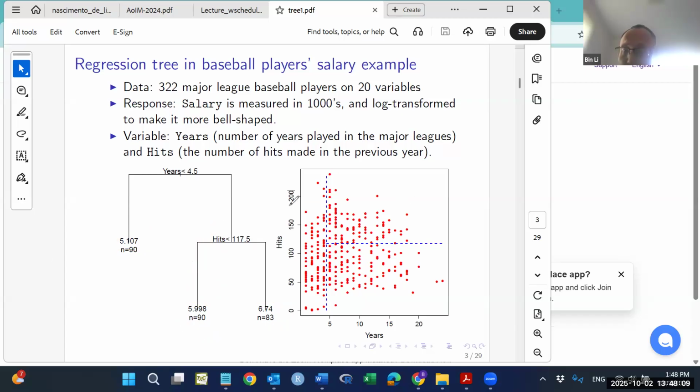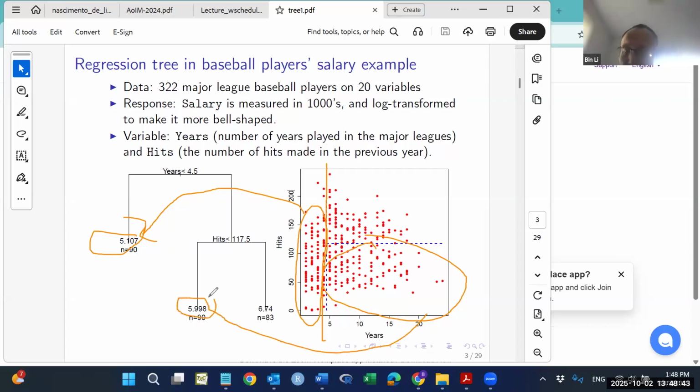And this shows the partitioning of the X space. We have the years and hits. So the first split is at the year. You can see that is these vertical lines, at 4.5 years. If it's less than that, we have these players, whose pay is based on that, right? So that region corresponds to this leaf. And what about this region? This region corresponds to this leaf. And what about this leaf? This leaf corresponds to this region.